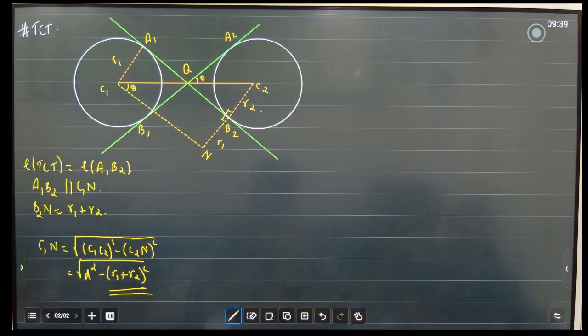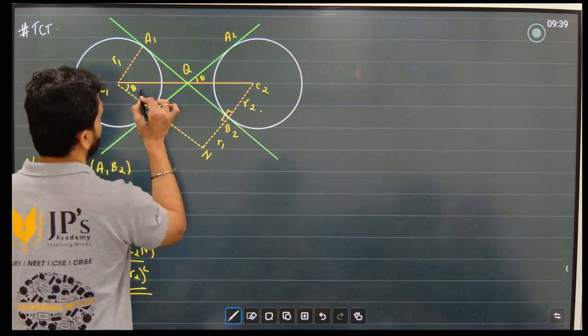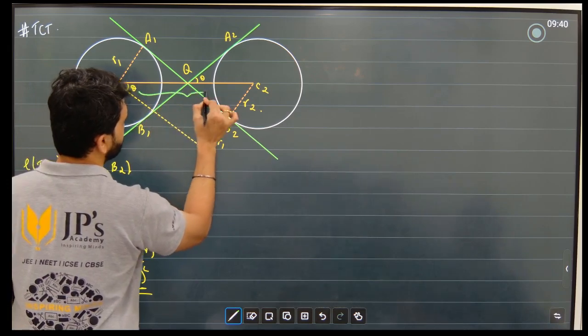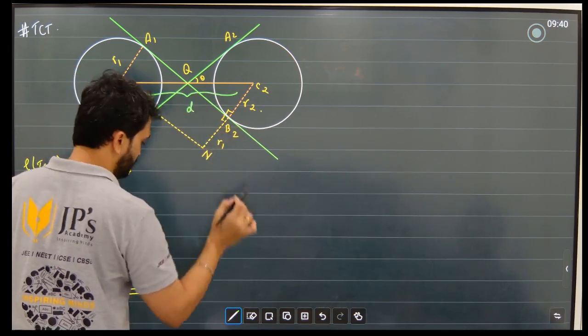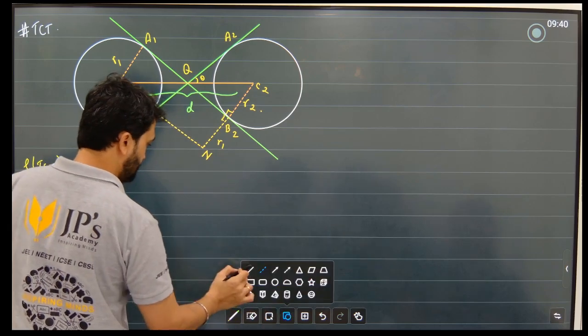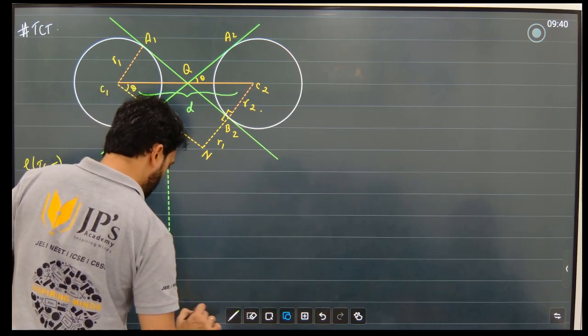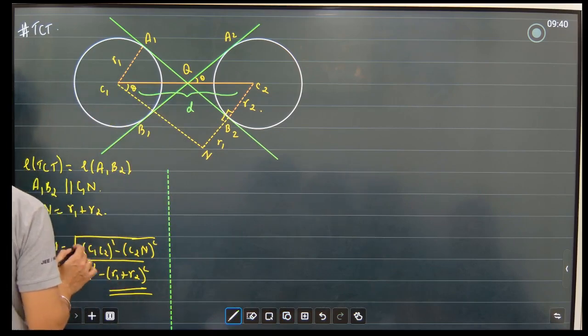This is the formula for the transverse common tangent, where again, like the previous case, we have taken C1C2 as D. According to this data, I will also write sin theta and sin 2 theta.